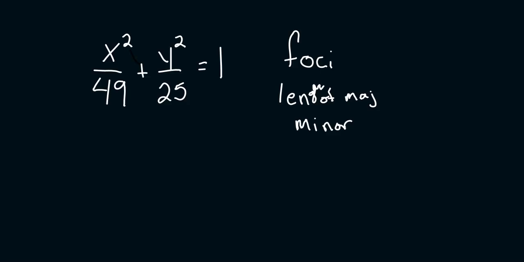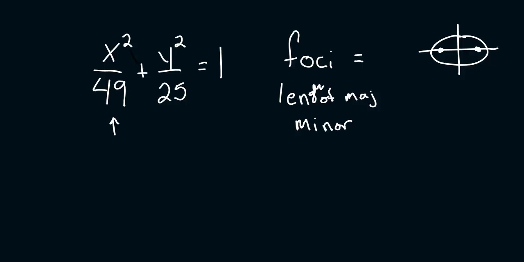Okay, so now to find all these things, like the location of the foci. Because the bigger number is under x squared, it's going to open this way, and the major axis is going to be my x-axis, which means the foci are also going to be on the x-axis.